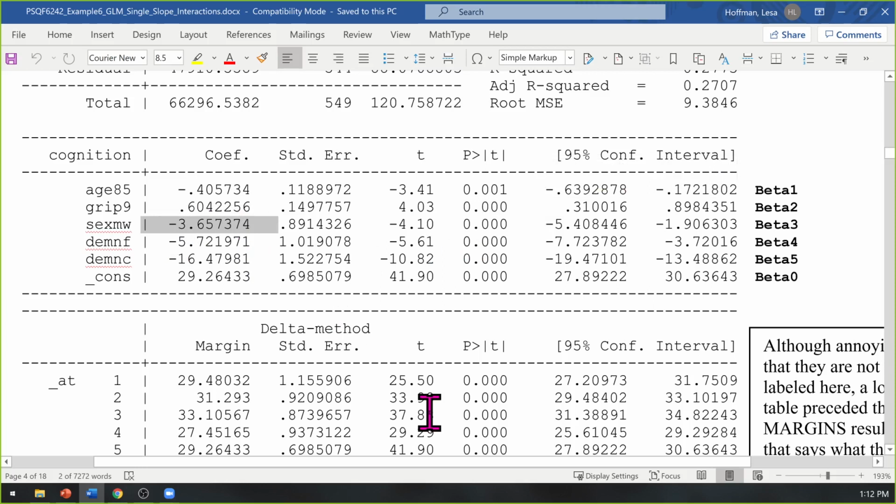Gender. Men versus women. How do I talk about that negative coefficient of 3.66? If you're a man, your cognition's bad? Or if you're a woman, your cognition's bad?